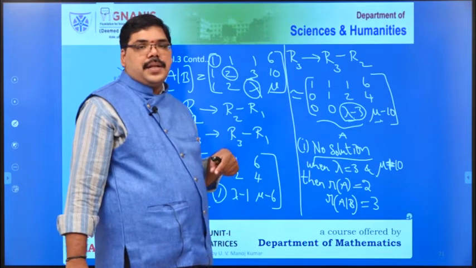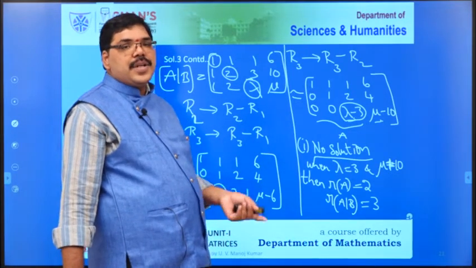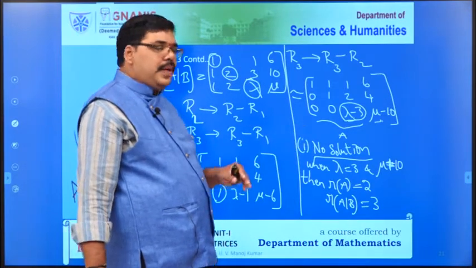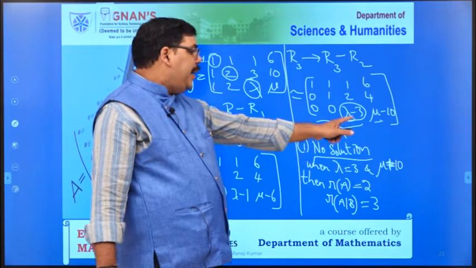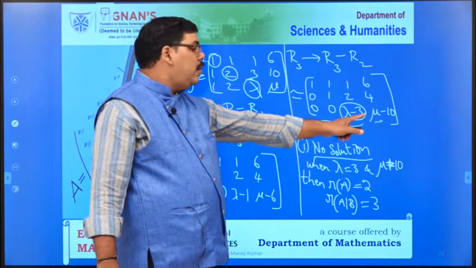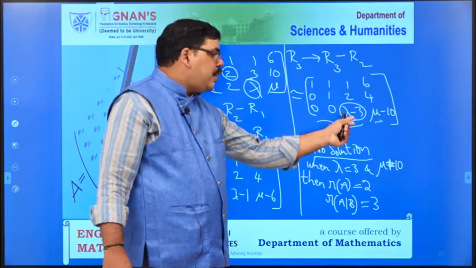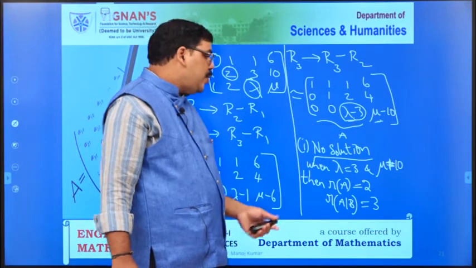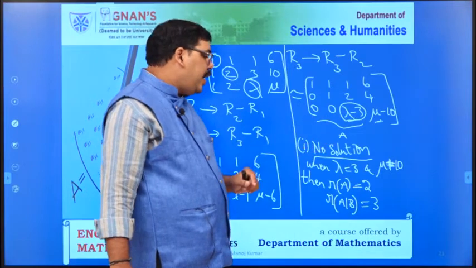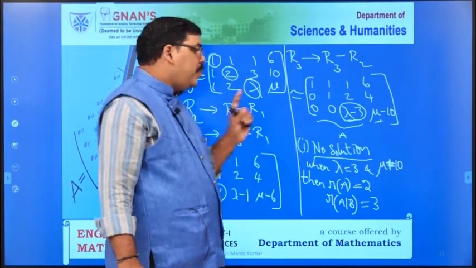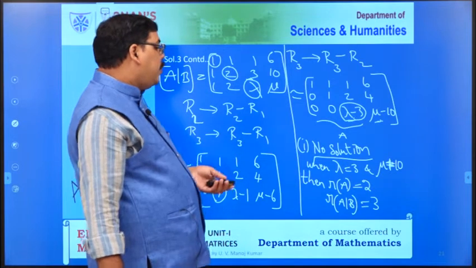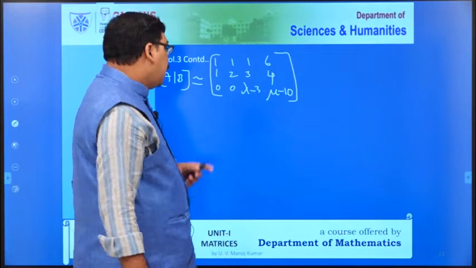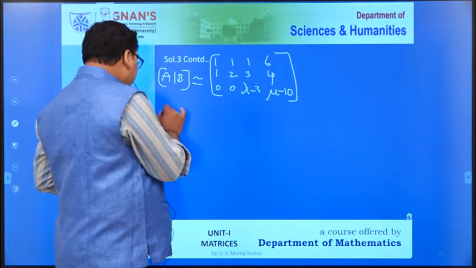We already answered that: the system will have no solution if rank of A is different from rank of AB. For achieving that, we made lambda minus 3 equal to 0 and we made mu minus 10 not equal to 0. So rank of A became 2 and rank of AB became 3. So the system has no solution. Now, I want a unique solution.